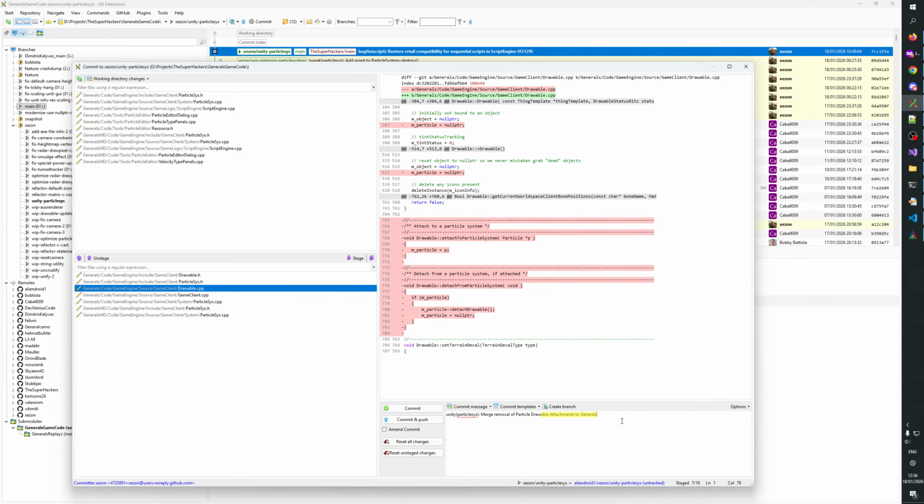Merge removal of particle drawable attachments. Attachments.